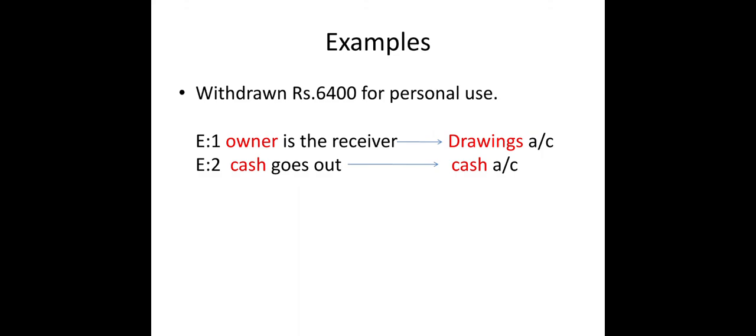Okay, one more transaction, student, on your screen. It is simple one. Purchase furniture from Mr. X. Okay, now in this transaction, name of person is already given. Mr. X, and there is no word like cash or check, so obviously it is a credit transaction. So effect number one, we are buying furniture, so debit. What comes in, student? Furniture.